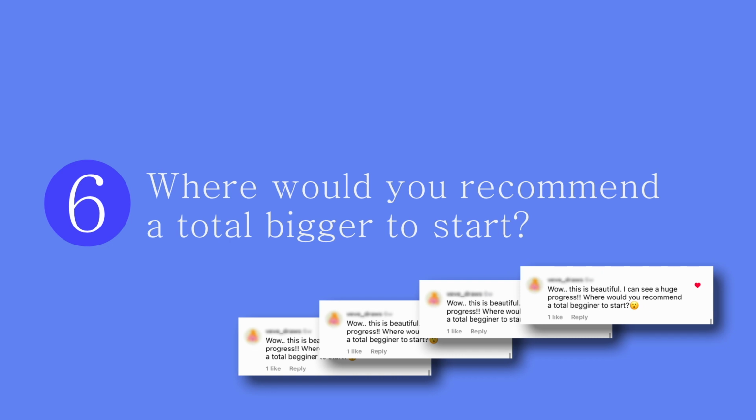Where would you recommend a total beginner to start? It's another question that I receive a lot. In addition to practicing or learning from tutorials and courses, there are other ways to improve your skills in animation. Create a list of objects or movements that you are curious about and try to animate them yourself.